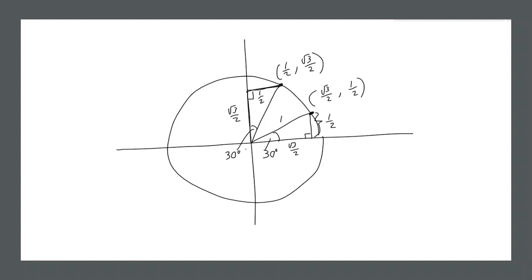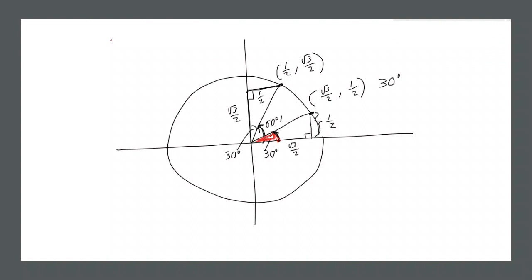Right, now the first way we fit it, that of course corresponds to 30 degrees. That's this angle right here. The second way we fit it, the angle from the positive x-axis is actually 60 degrees, okay? And that's because we know this is 30, right?